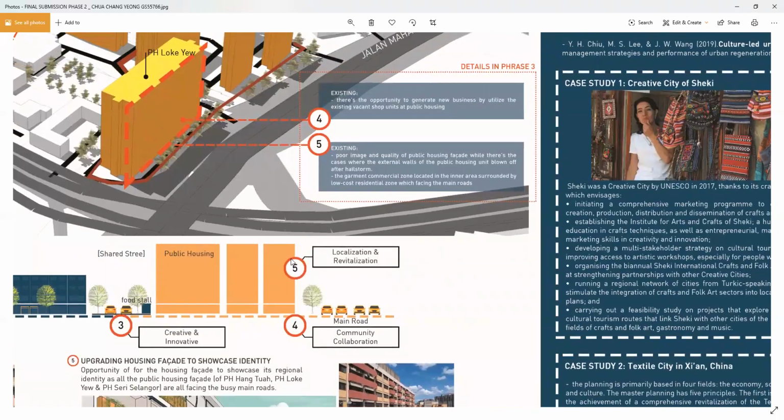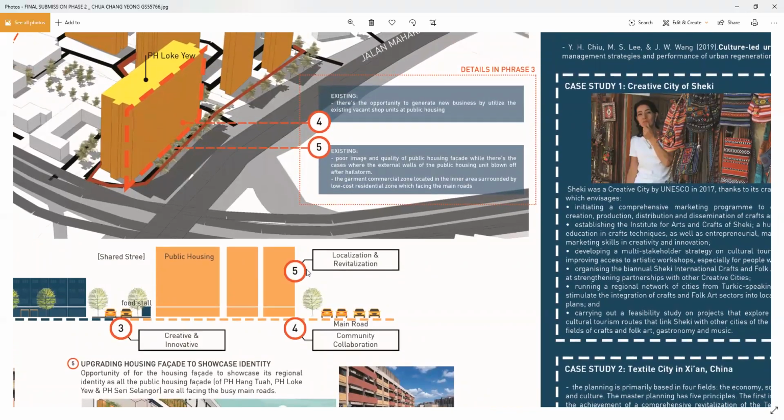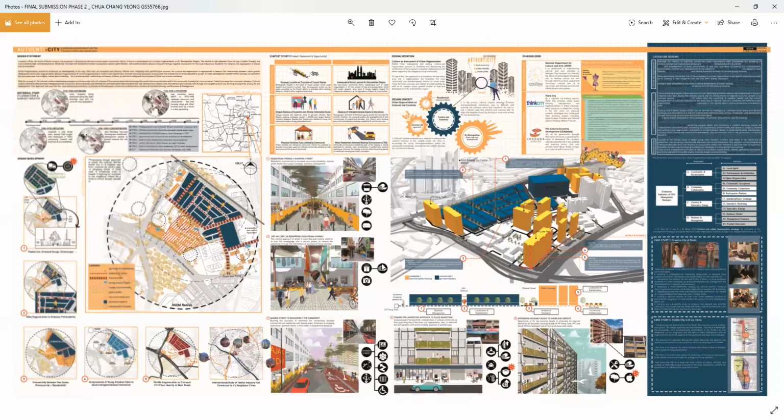Okay, so the fifth one, we mentioned the facade improvement to improve the performance and bring out the identity, to showcase and outreach the identity. Okay, it's about localization and revitalization.